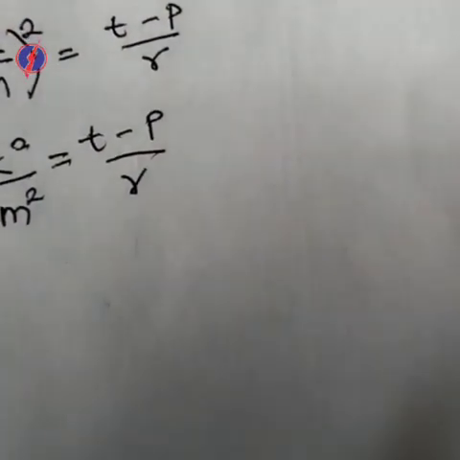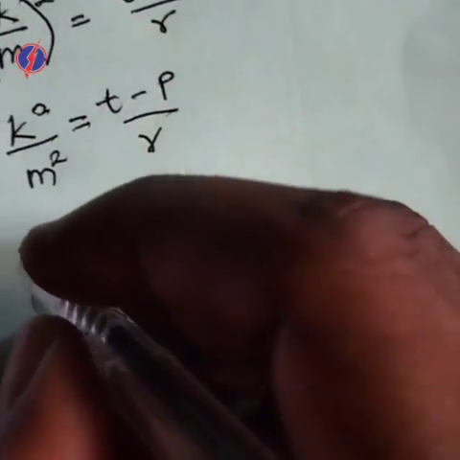Okay, so there will be a cross multiplication in this case. So then we have k squared times r is equal to m squared times t minus p, right?